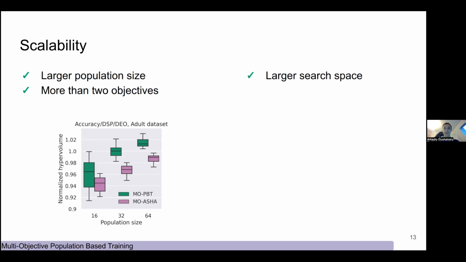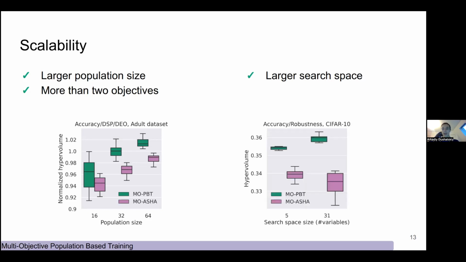Then we study whether it scales to search spaces with a larger number of variables. And on the search task of accuracy versus robustness on CIFAR-10, we have 2 search spaces. One is small, so has only 5 search variables, and one search space has 31.